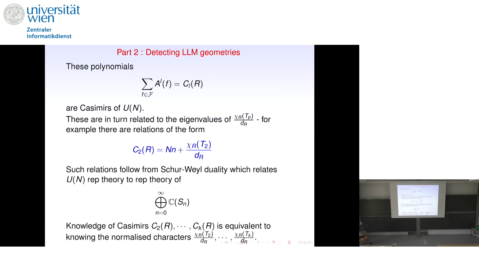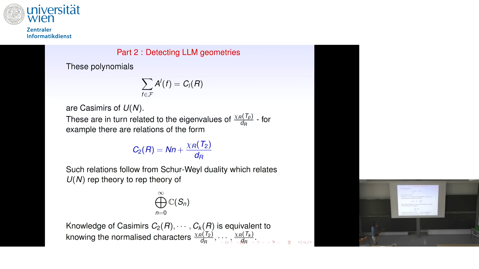So these coefficients are Casimirs. Now, just to relate to the algebra introduced before, these Casimirs, like the quadratic Casimir of U(n), can be expressed in terms of these 2-cycle operators. And analogously, C3 in terms of 3-cycles, C4 in terms of 2, 3, and 4 cycles, something like that. The upshot is, if you know these normalized characters for T2 up to Tk, you can also figure out the U(n) Casimirs C2 up to Ck.